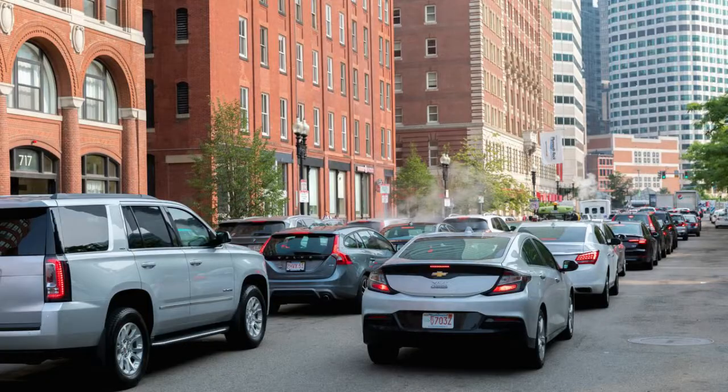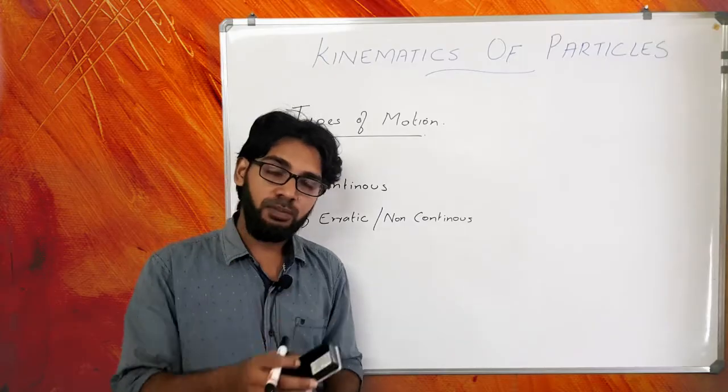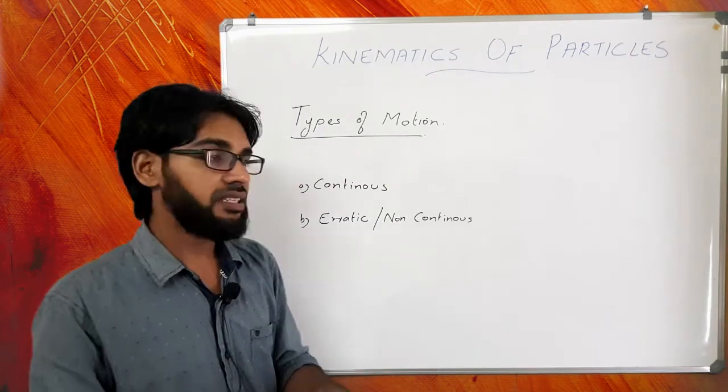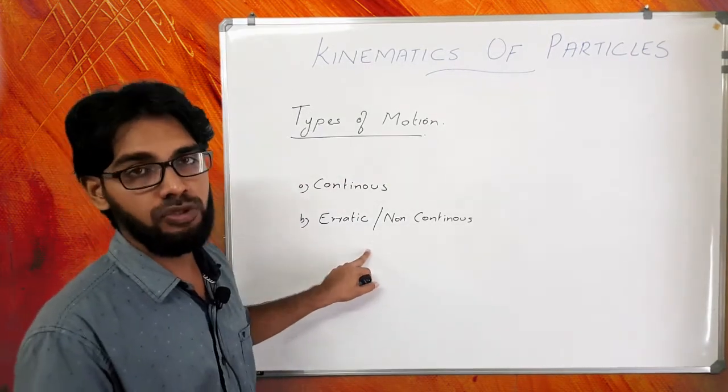There are instances where you shall be stopping for a considerable interval of time, where you shall be going at a constant velocity, or going with an increased acceleration depending upon the traffic conditions. This corresponding motion of a car in a city is an example of an erratic or non-continuous motion.